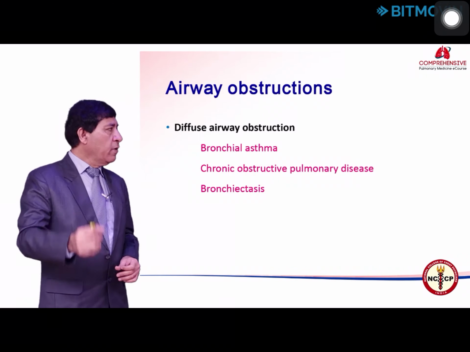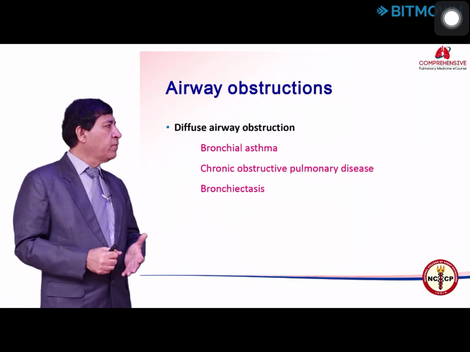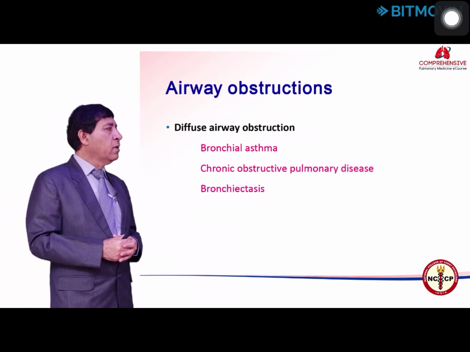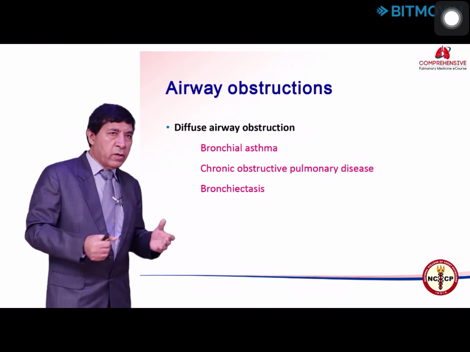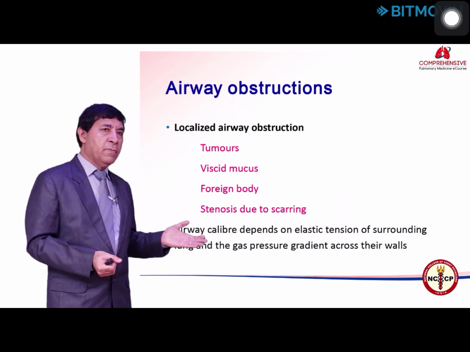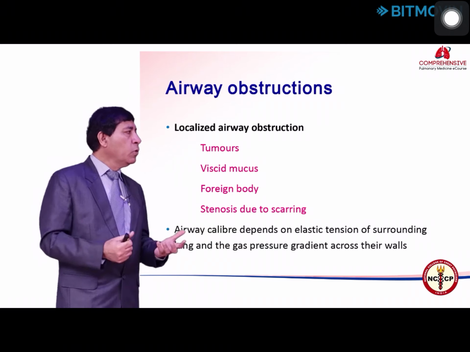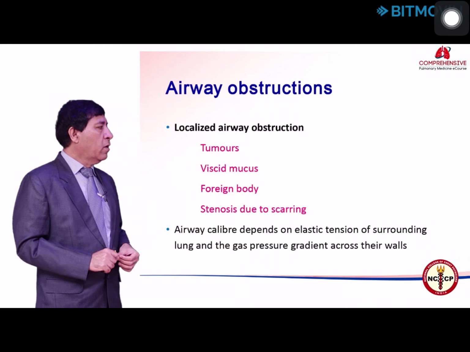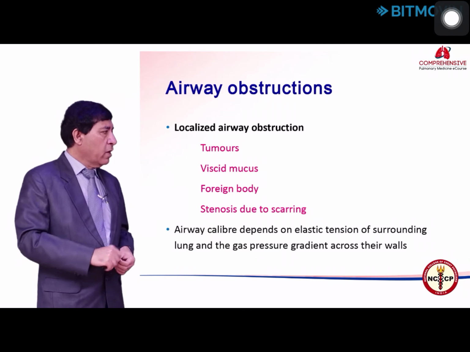Now this airflow obstruction can be a diffuse airflow obstruction like bronchial asthma, chronic obstructive pulmonary disease, bronchiectasis, or it can be a localized obstruction which can be caused by tumor, viscid mucus, foreign body, or stenosis due to scarring.